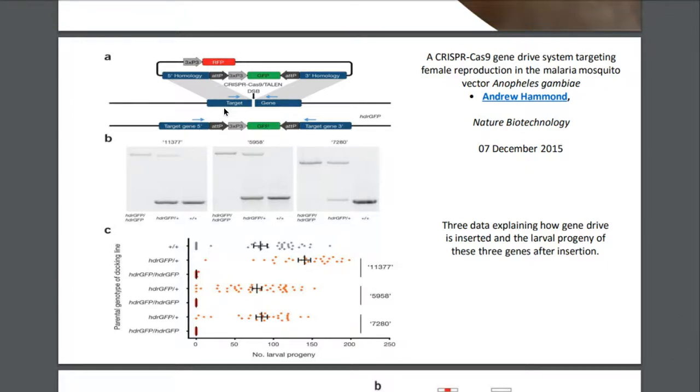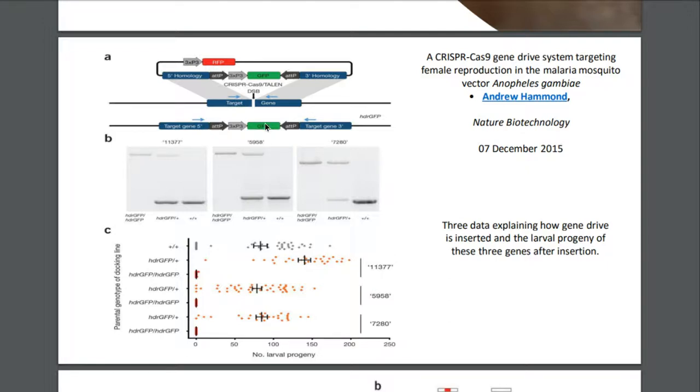So they used the green fluorescent protein. They caused a double-stranded break, with homology, and inserted into the target sequence to see if the gene would replicate into it.